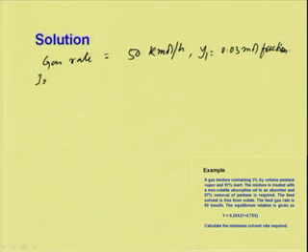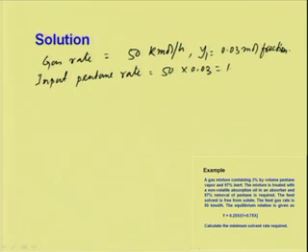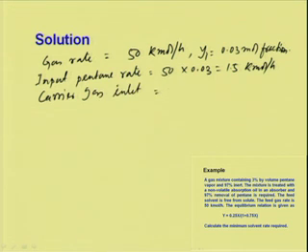The input rate of pentane is 1.5 kmol per hour. The carrier gas inlet is 50 minus 1.5, equal to 48.5 kmol per hour.